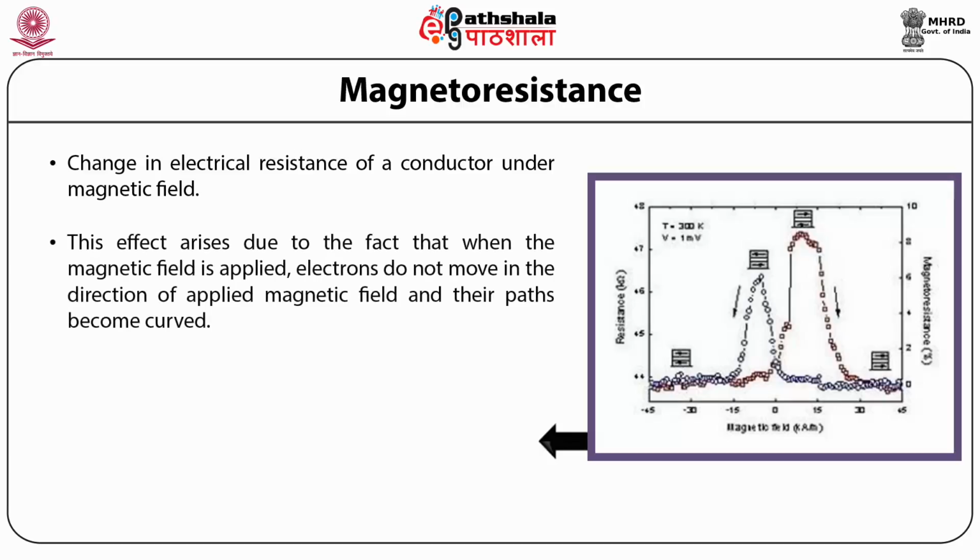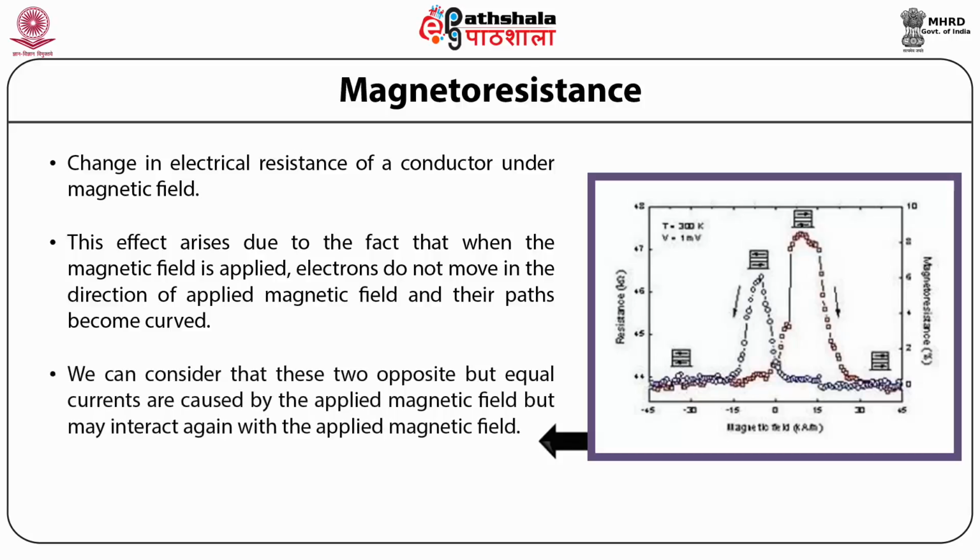This effect arises due to the fact that when a magnetic field is applied, electrons do not move in the direction of the applied magnetic field, and their path becomes curved. There is a flow of electrons against the Hall field with more than average velocity and an equal and opposite flow with the Hall field for electrons with below average velocity.